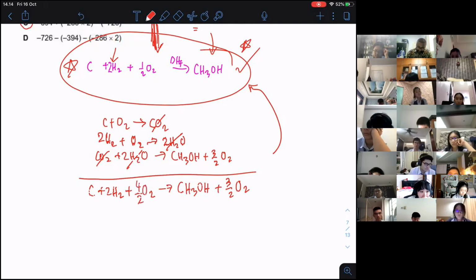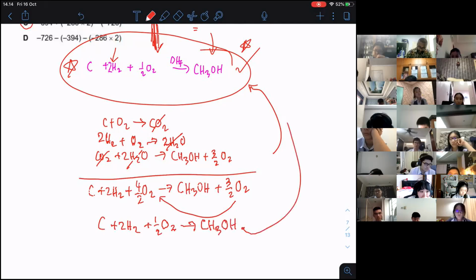If I bring this over here, it's going to be C plus 2H2, and 4 over 2 minus 3 over 2 is half O2, and you are going to get CH3OH, which is the same as this.